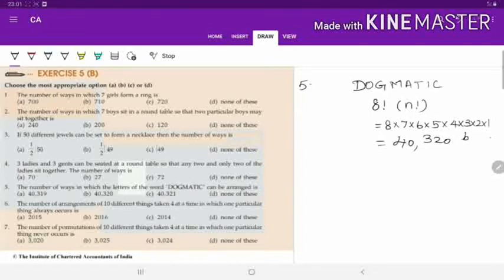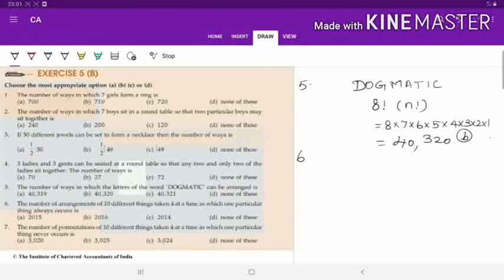Let's discuss the sixth question. The number of arrangements of 10 different things taken 4 at a time in which one particular thing always occurs is. There is a shortcut formula for this.